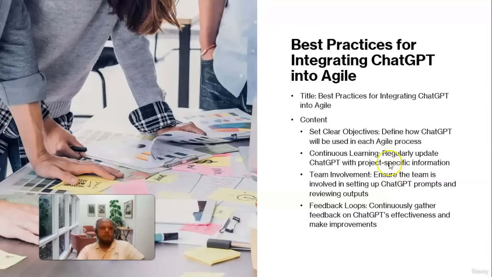Continuous learning: regularly update ChatGPT with project-specific information and feedback to improve its performance. Team involvement: make sure your team is involved in setting up ChatGPT prompts and reviewing its outputs, fostering a collaborative environment. Feedback loops: continuously gather feedback on ChatGPT's effectiveness and make improvements.